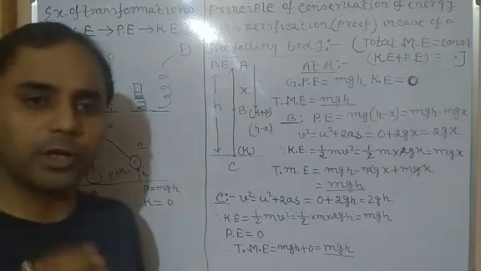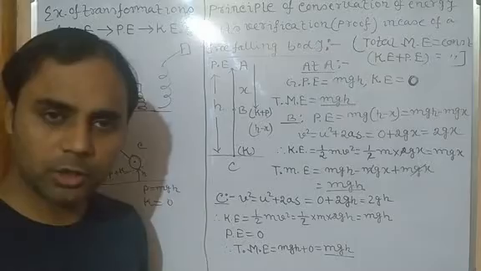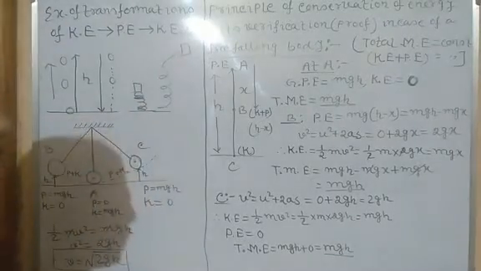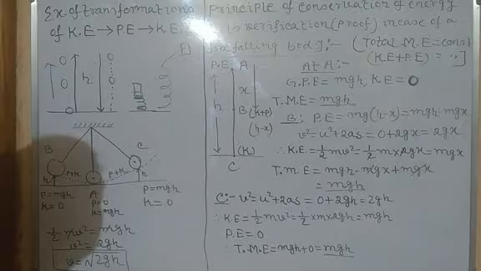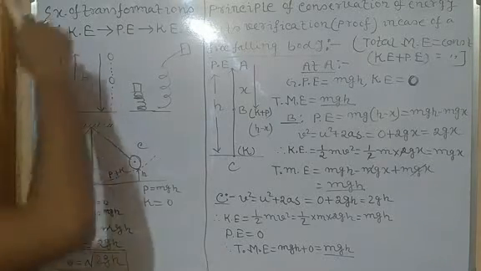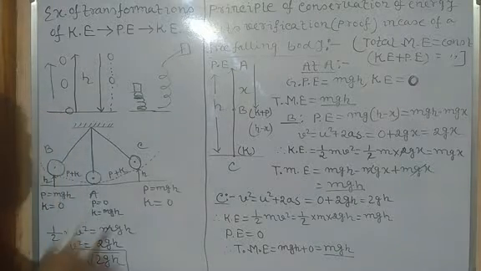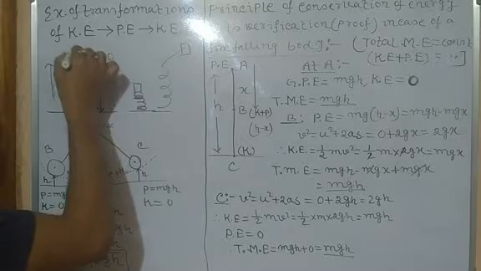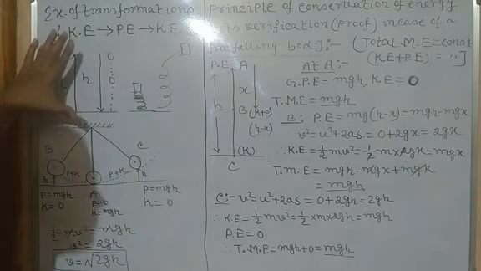Initially the stone was at rest in our hand, so it possesses no energy. As soon as we throw it against gravity, it attains some height, so it will gain gravitational potential energy when it reaches the maximum height.